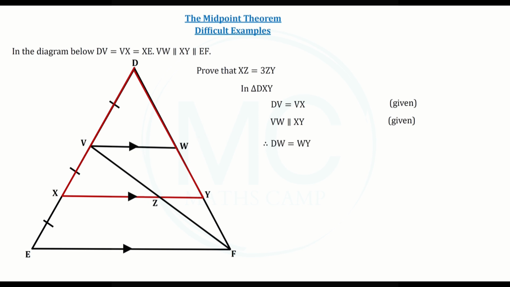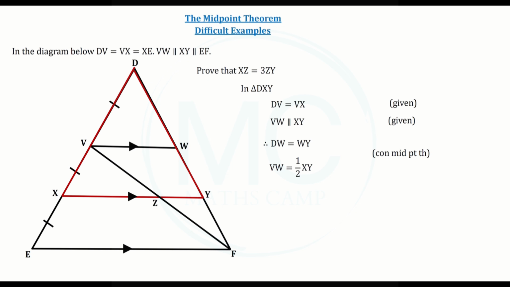We also know that VW must be half the length of XY. So we can say VW is equal to half the length of XY. And as our reason, we use the midpoint theorem. Now we know that DW is the same length as WY.